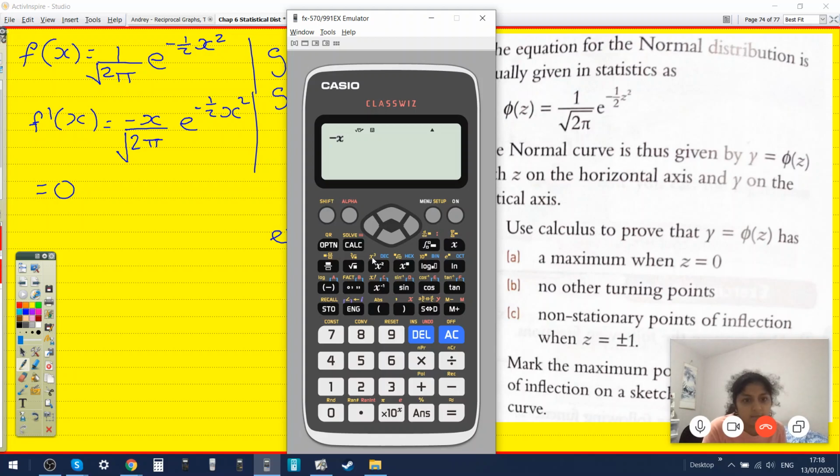Minus x over square root 2 pi, shift e to the power minus 1 over 2 alpha x squared, and we said it's equal to 0. We don't need to put it in if it's equal to 0 because that's the default, but we'll put it in anyway.